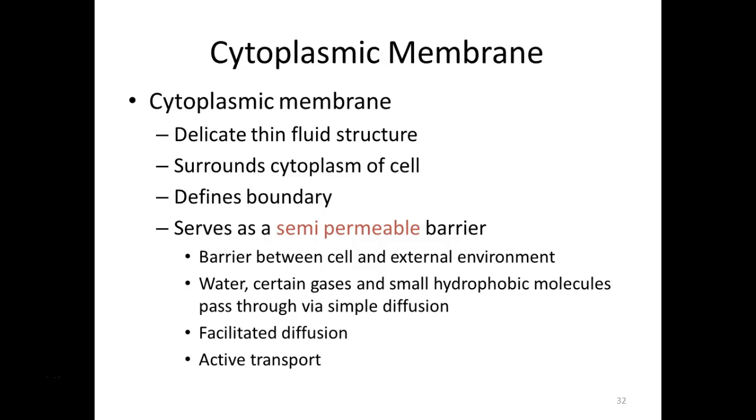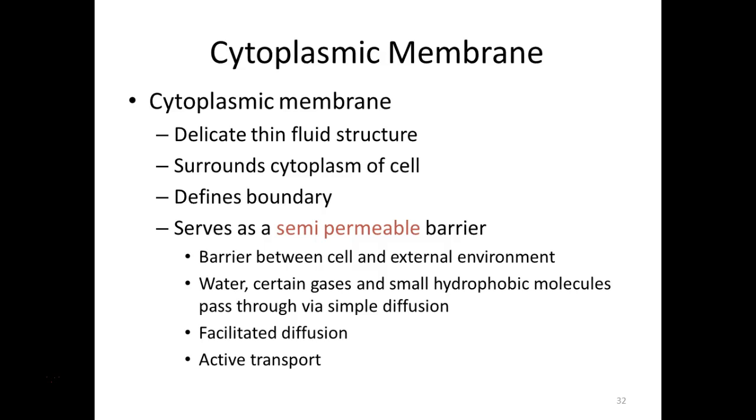And this is a very delicate layer. It's a thin fluid structure, which means that it moves. It's not rigid. It's not stuck in place. It surrounds the cytoplasm, hence why it's sometimes referred to as the cytoplasmic membrane. And it really defines that border between the cell and its environment. It actually makes a cell a cell. Without a membrane, you're not a cell.